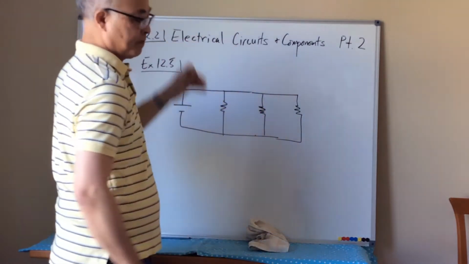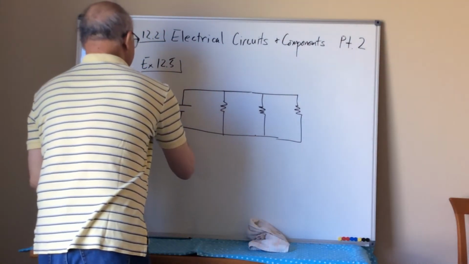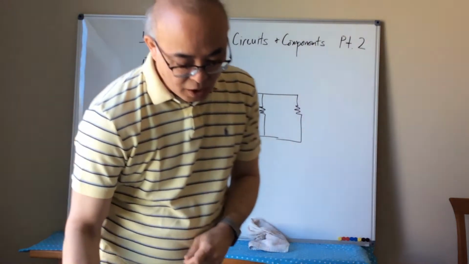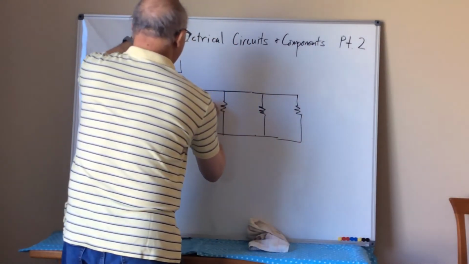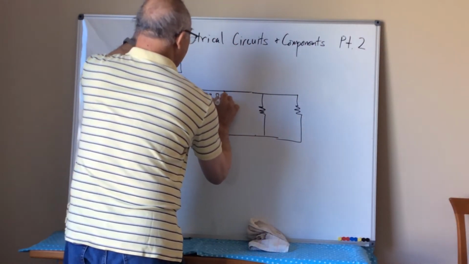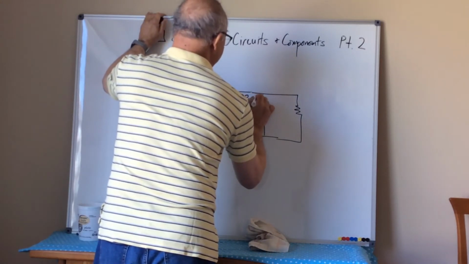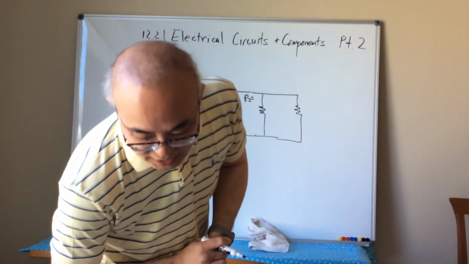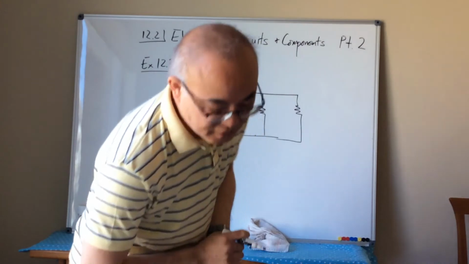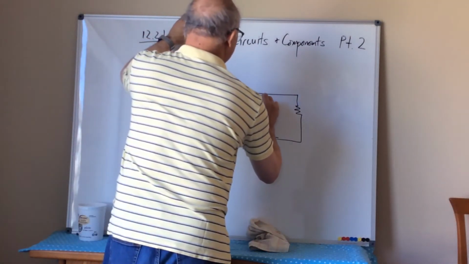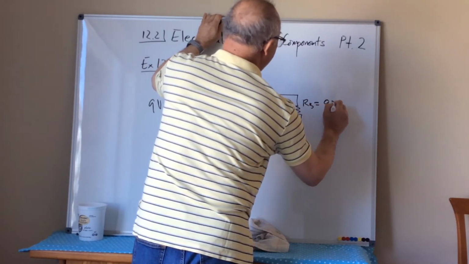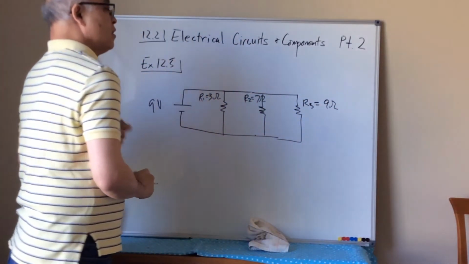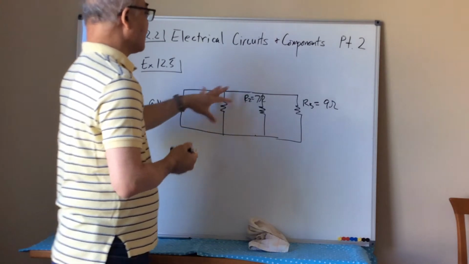So this is 9 volts. And I have R1 is equal to 3 ohms. R2 is equal to 7 ohms. And R3 is equal to 9 ohms. Okay?